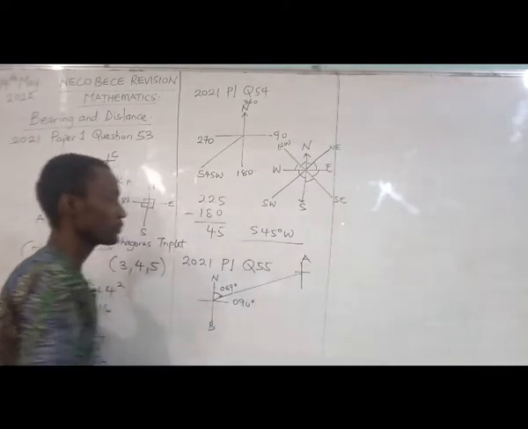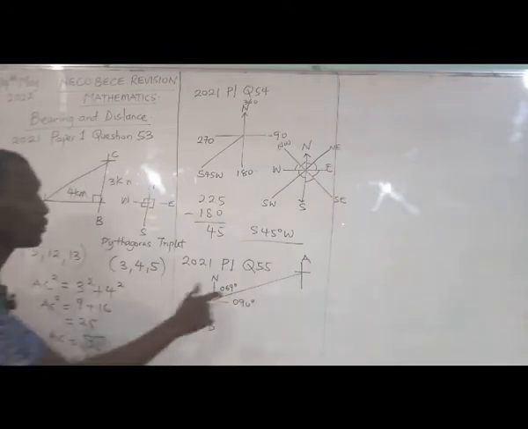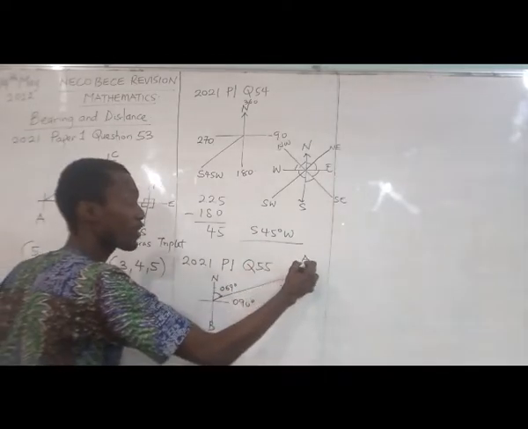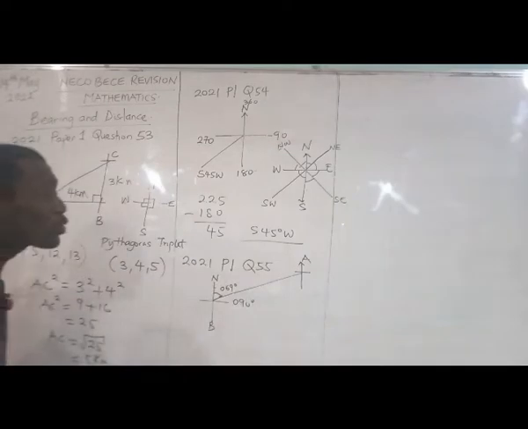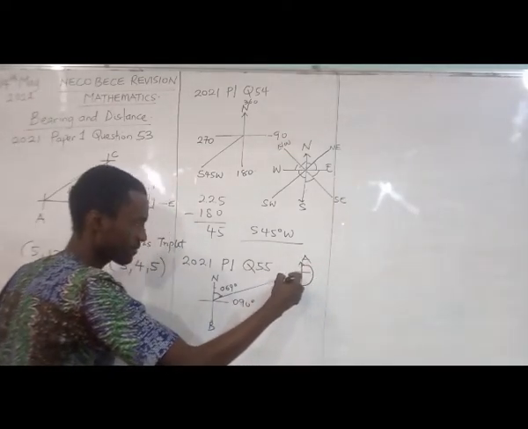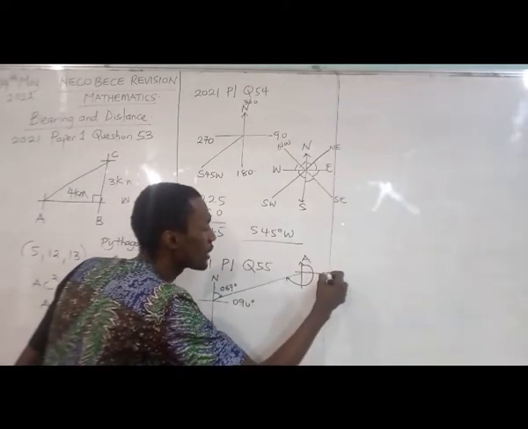Now this is B and this is what? A. Now the question says, find the bearing of B from A. If you're going to now find a bearing with respect to A, this becomes your reference position. How do you measure? You must start from here and move round like this. Remember that at this position it is 090.